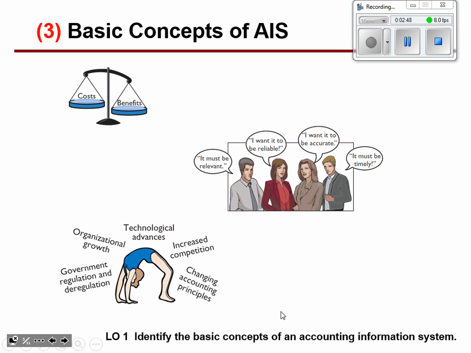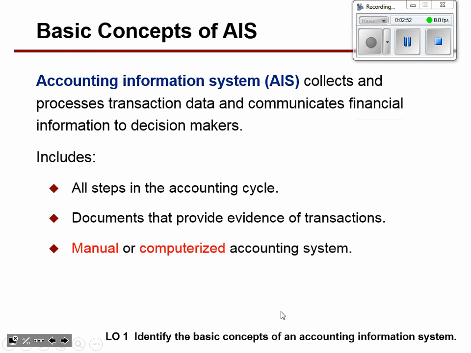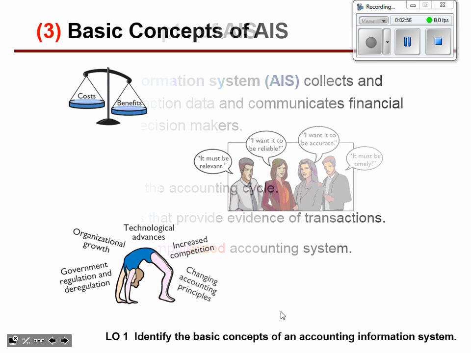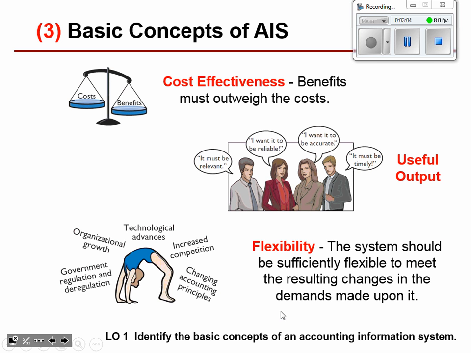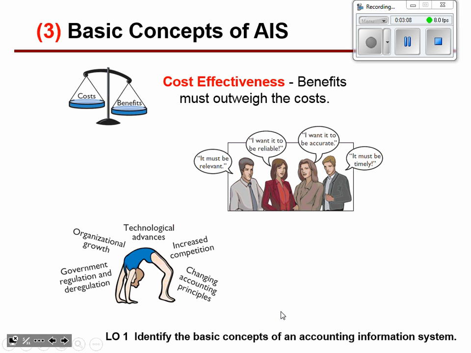The 3 big things as you look at any kind of accounting information system, whether it's pen and paper or a computer, is it cost effective? Is it useful? And is it flexible? Let's break those 3 down a little bit more. It's got to be cost effective.